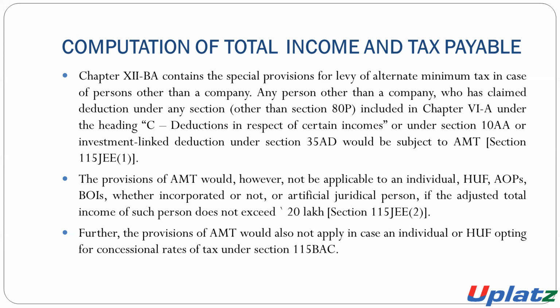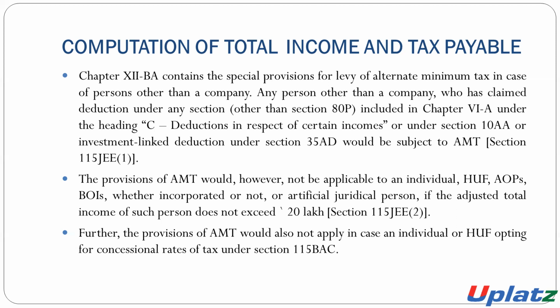It is 0 from 0 to 2.5 lakh, 5% from 2.5 lakh to 5 lakh, 10% from 5 lakh to 7.5 lakh, and more than 7.5 lakh but up to 10 lakh, it is 15%.